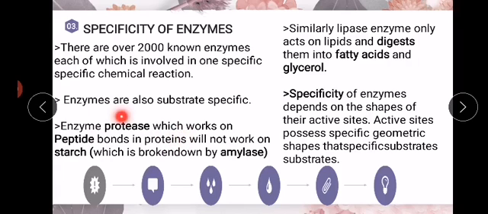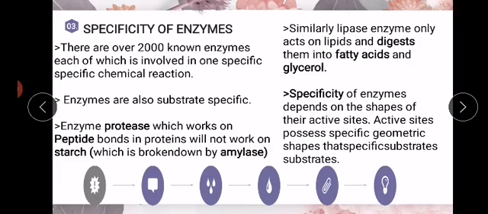But it will not work on carbohydrates, or on starch, which is a carbohydrate, and starch is broken down by another enzyme, which is amylase. Amylase will not break down proteins, and protease will not break down starch. So they are substrate specific: protease will only break proteins and amylase will only break starch.